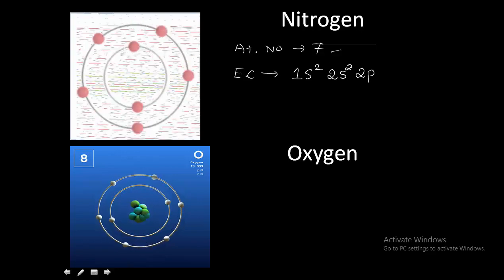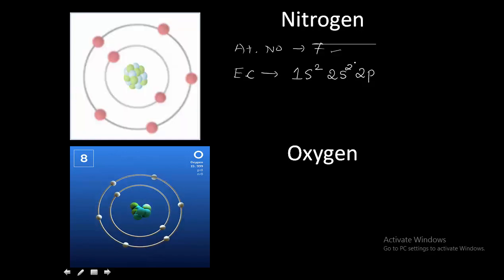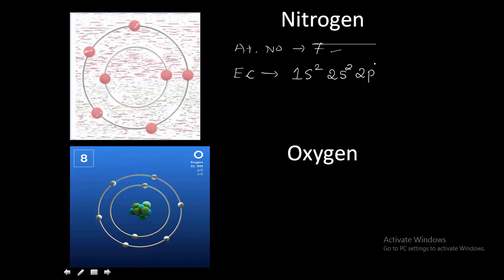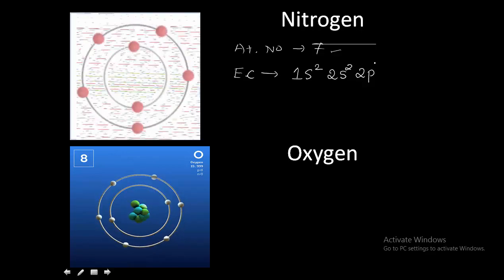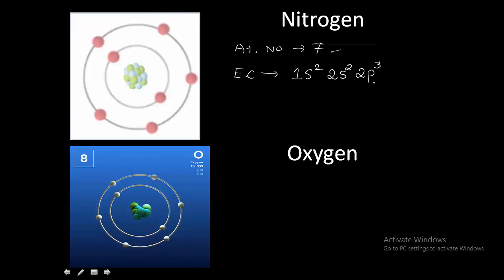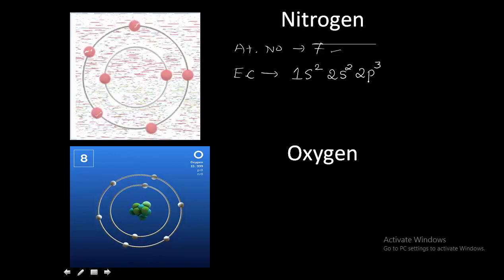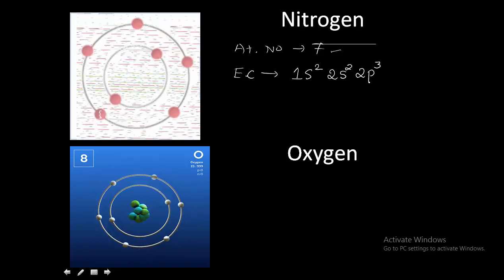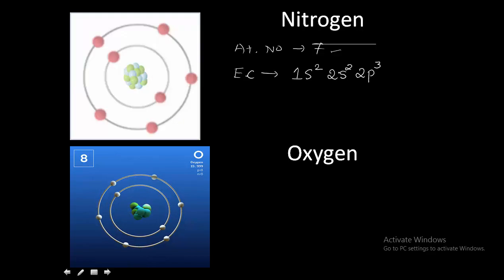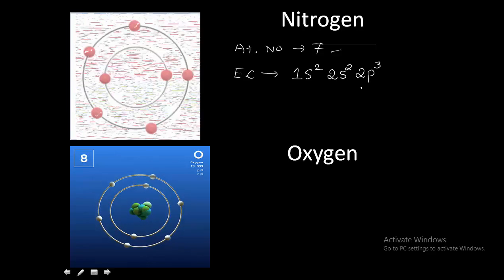So 4 electrons are already filled. How many electrons are remaining? 3 electrons. They got filled in the P subshell. So this is the electronic configuration of nitrogen: 1s2, 2s2, 2p3.